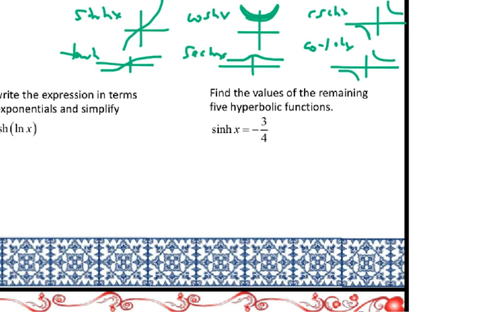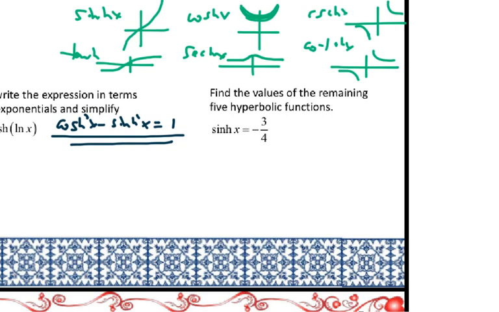So let's write that down. Cosh squared minus sinh squared equals 1. You're really only going to be given either a value of sinh or cosh. You have to start off with a value of sinh or cosh, and then find the other 5. No other option.